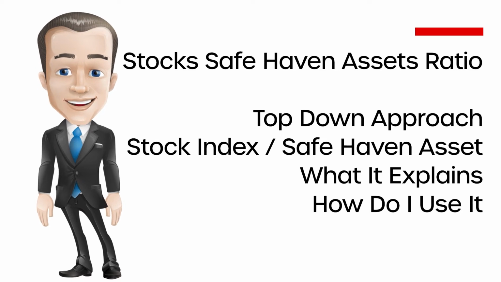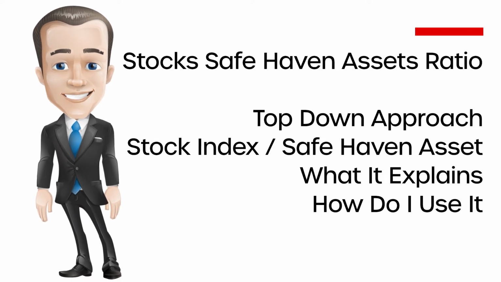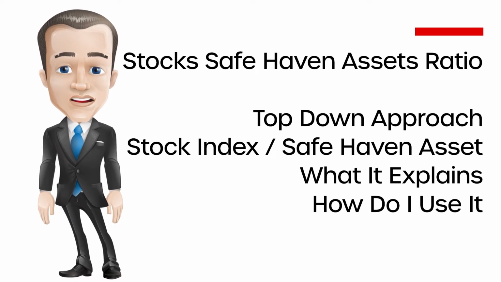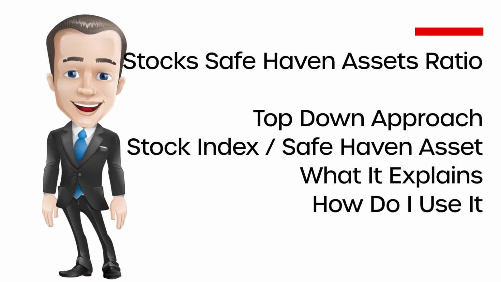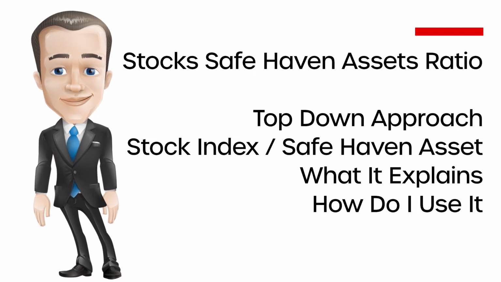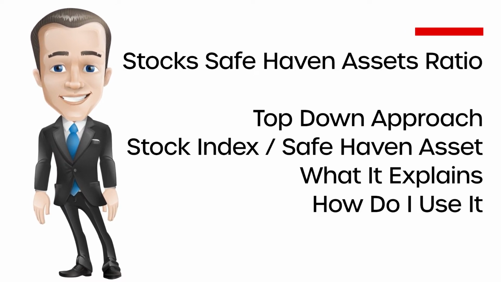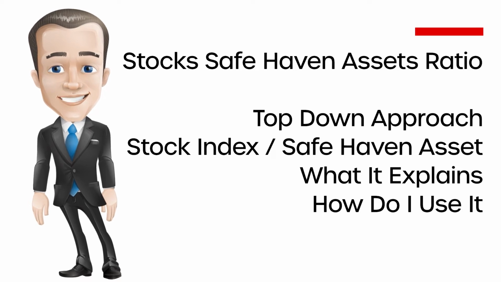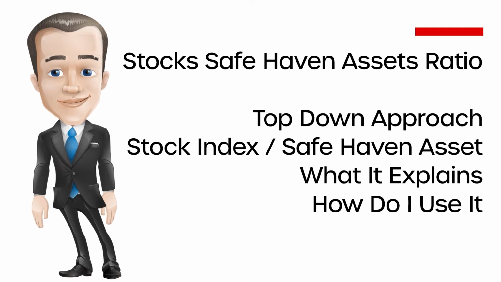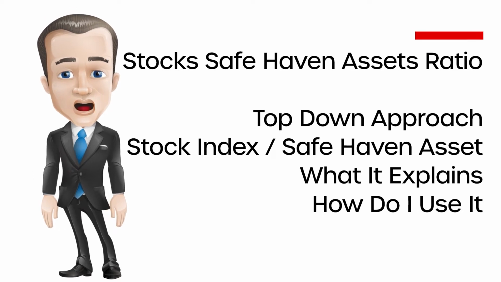Of course, we use a weight of evidence. We don't just use one indicator, but this is one of the indicators that will tell us when this 2022 bear market will end and the bull market starts, just like it did in 2020 for the COVID days.